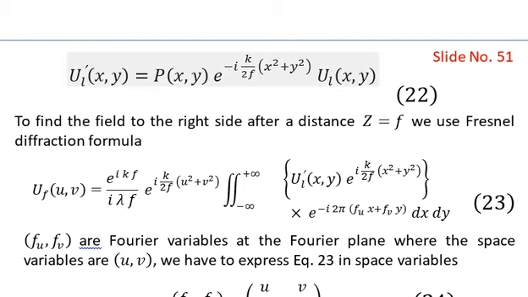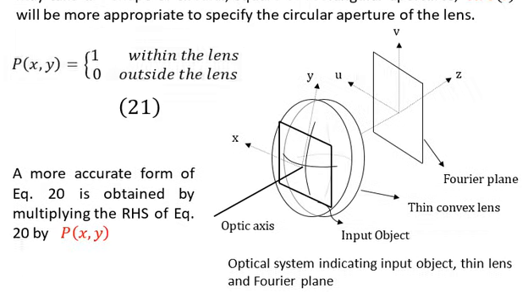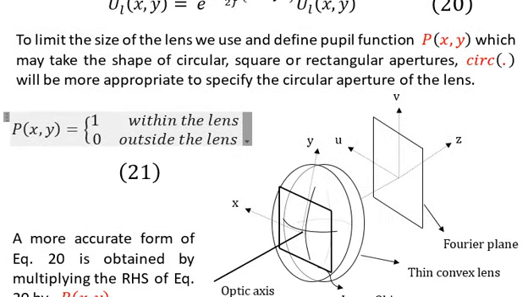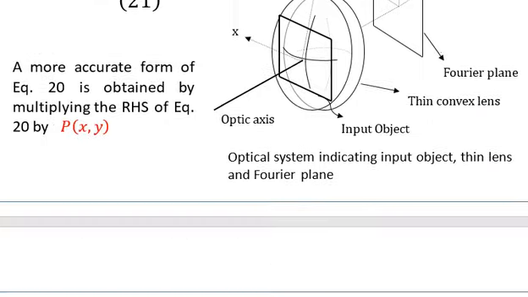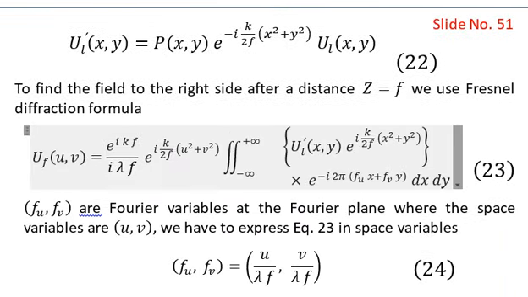To find the field to the right side after a distance z equal to f, we use the Fresnel diffraction formula. We have the field just after the lens, given by equation number 20, and we want this field to be propagated to the uv plane, which is at a distance f. So we use the Fresnel diffraction formula with capital Z equal to f.